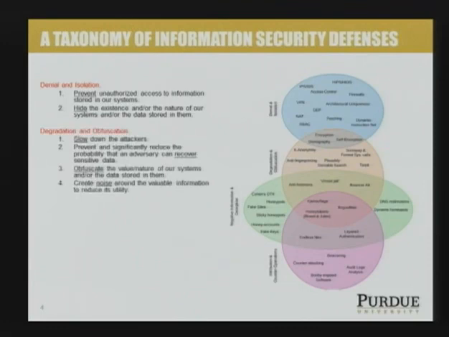And then we move on to the second group, which is the idea of when an attack happens. Of course, we cannot achieve 100% isolation and denial, so we want to degrade and obfuscate the data and the systems that we have. Usually in this category, we want to achieve 4 main goals. We want to slow the attackers down. We want to make the recovery of the data so hard.